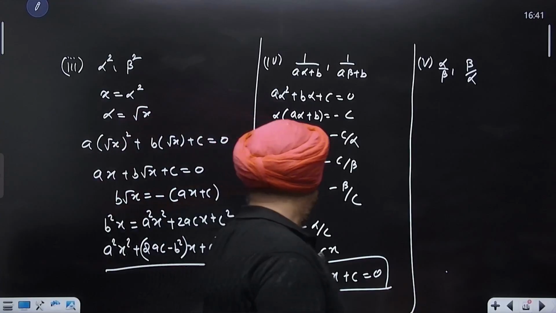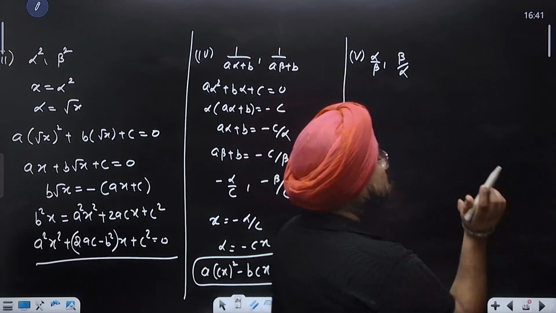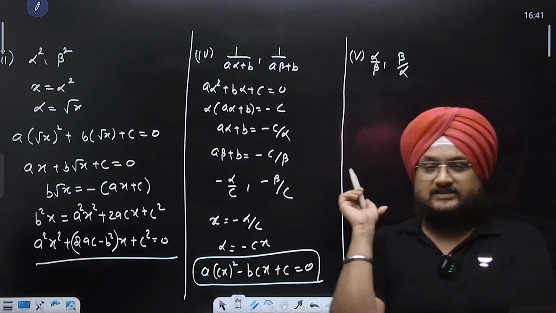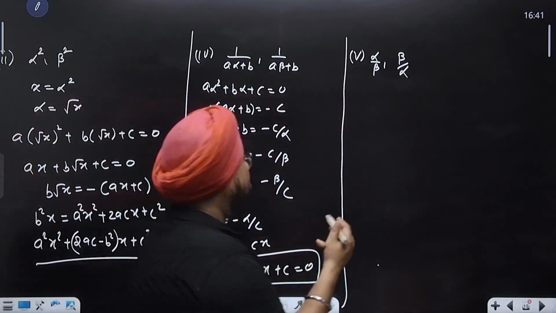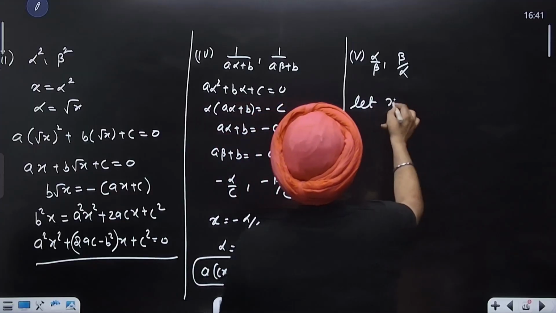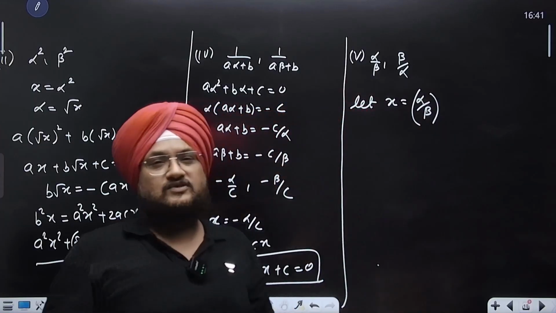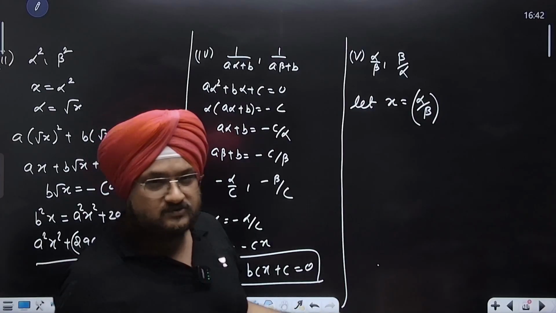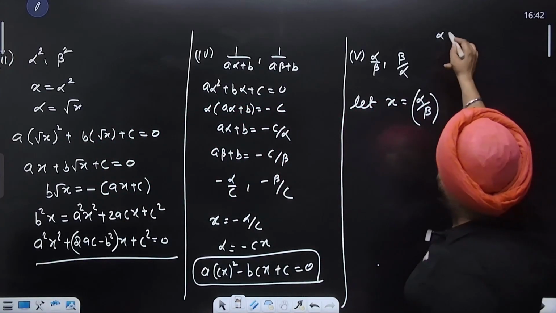Now in this next part the roots are a symmetric function, but if I let x equal to alpha upon beta, I am not able to get alpha in terms of x or beta in terms of x. So I can use the sum and product.